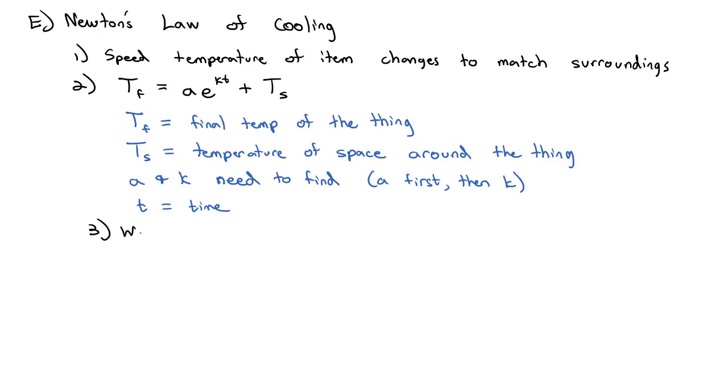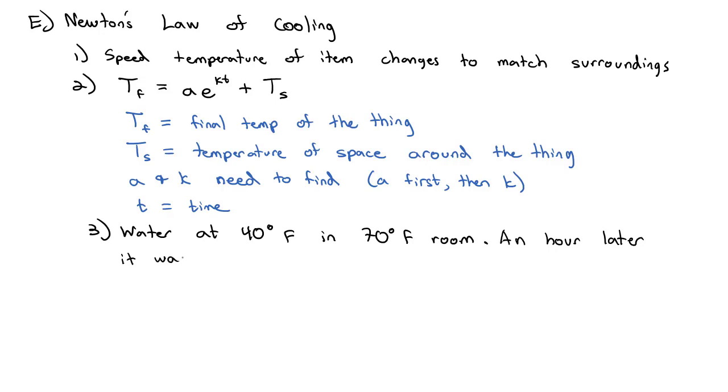So, if I have some water at 40 degrees Fahrenheit in a 70-degree Fahrenheit room, an hour later, it will increase to 45 degrees because that water is going to warm up to room temperature.